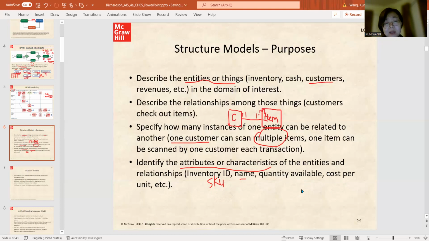But normally in the inventory table, we don't put the price, because the price frequently changes. The purchasing cost is stable, so we put the cost, and the sales price you can put in the sales order table, to calculate the sales revenue.